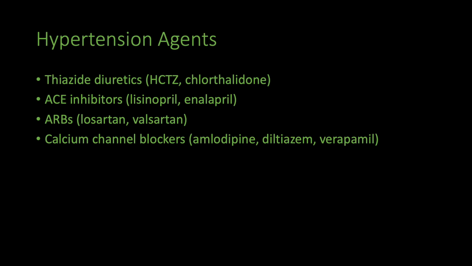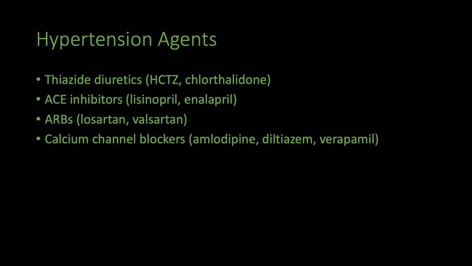You also need to know calcium channel blockers, such as amlodipine, where swelling in the legs is a frequent side effect. You also need to know that between ACE inhibitors and ARBs, ACE inhibitors tend to cause more of a dry cough than ARBs.